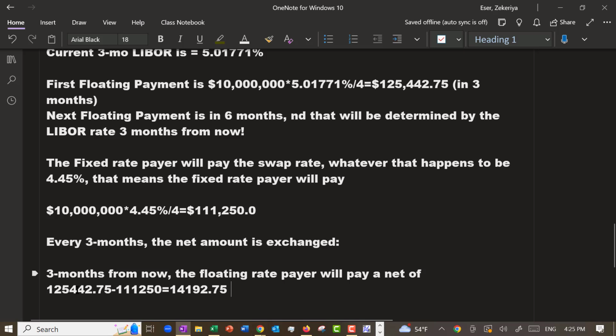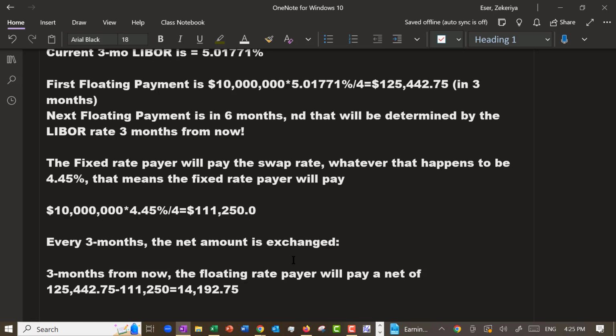Okay. That's why these commas help. So the actual payment is going to be, the floating rate payer is going to pay 14,192.75.